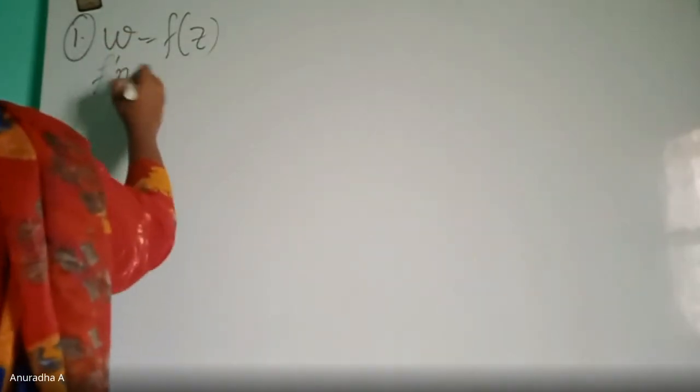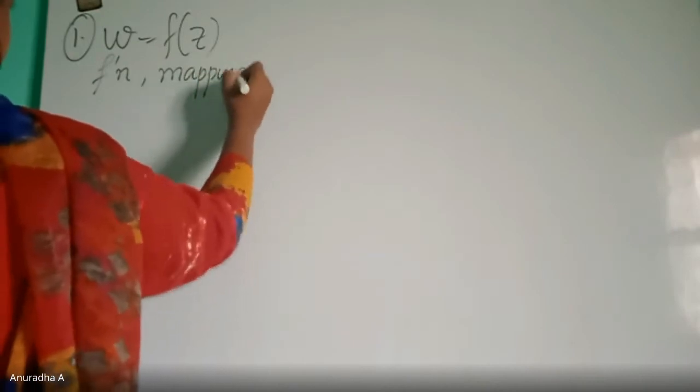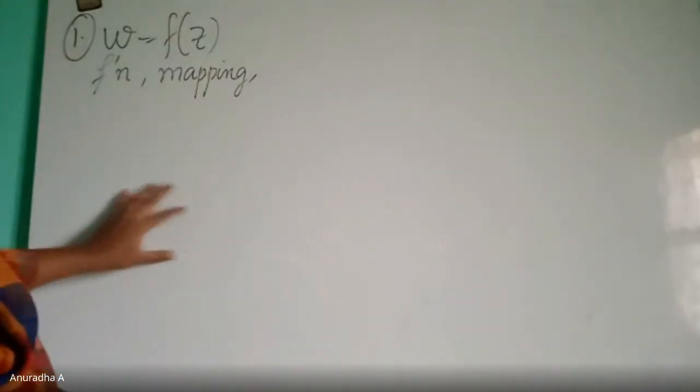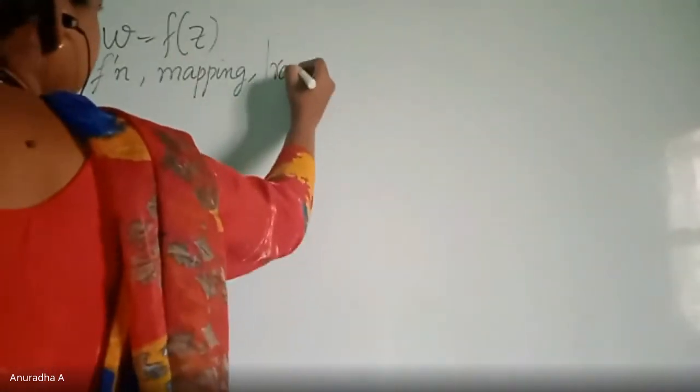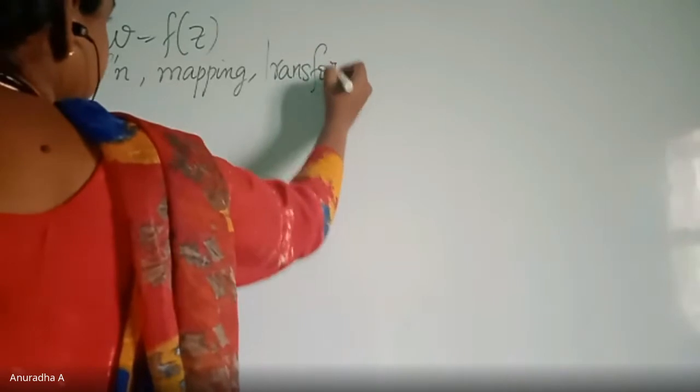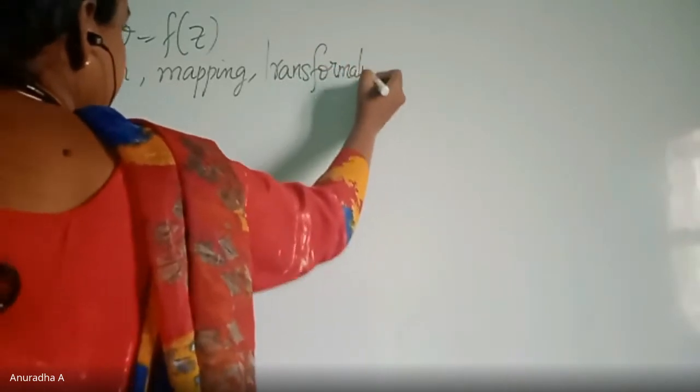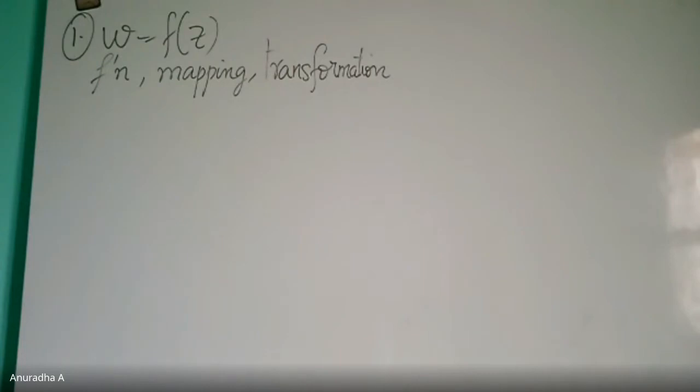We call it a function, or a mapping, or if you think of it diagrammatically, the z points will form one region or shape here, and f of z will form some other shape here. So it is also called by another name, transformation. So these are the different names: function, mapping or transformation.